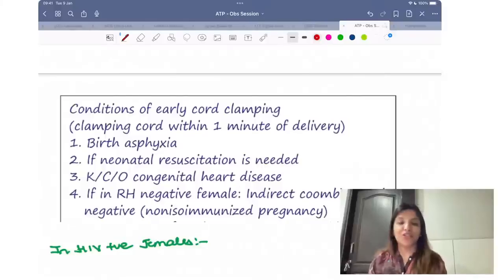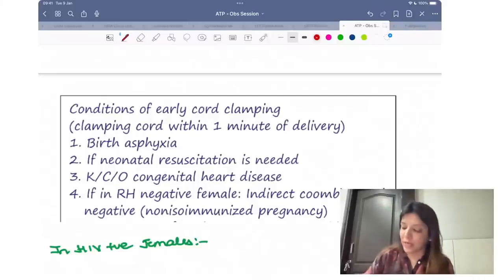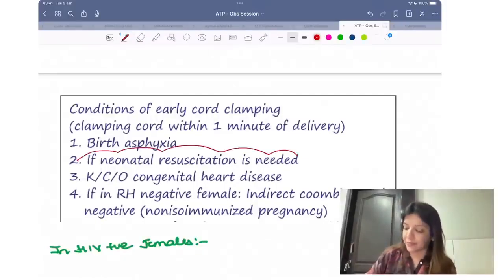Okay. Conditions of early cord clamping. Where do you do early cord clamping and what is early cord clamping? Early cord clamping is when you clamp the cord within 1 minute of delivery. That is early cord clamping, and it is not done in every case. The absolute indication for early cord clamping is whenever neonatal resuscitation is needed.